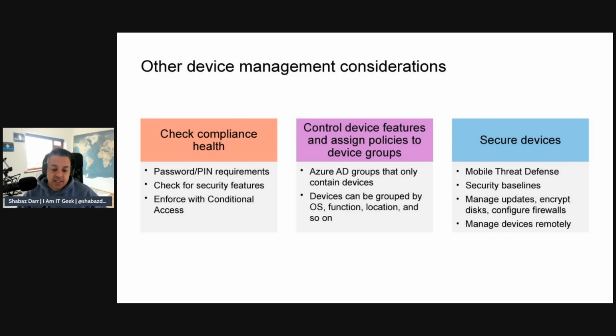Let's talk about some of the device considerations now. First of all, checking the compliance health of your device is very important. We'll look at some compliance policies in the demo. Device compliance is a significant part of managing devices, and your organization will want to set password or PIN rules and check for security features as well. You want to know which devices don't meet these rules, and this is where compliance comes in.